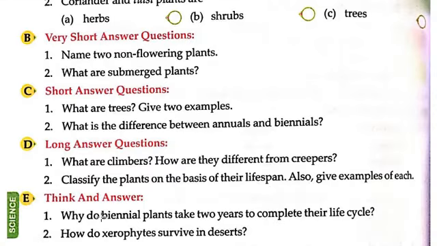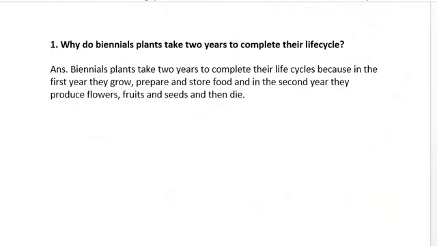Think and answer. Why do biennial plants take 2 years to complete their life cycle? Biennial plants take 2 years to complete their life cycles because in the first year they grow, prepare and store food, and in the second year they produce flowers, fruits and seeds and then die.